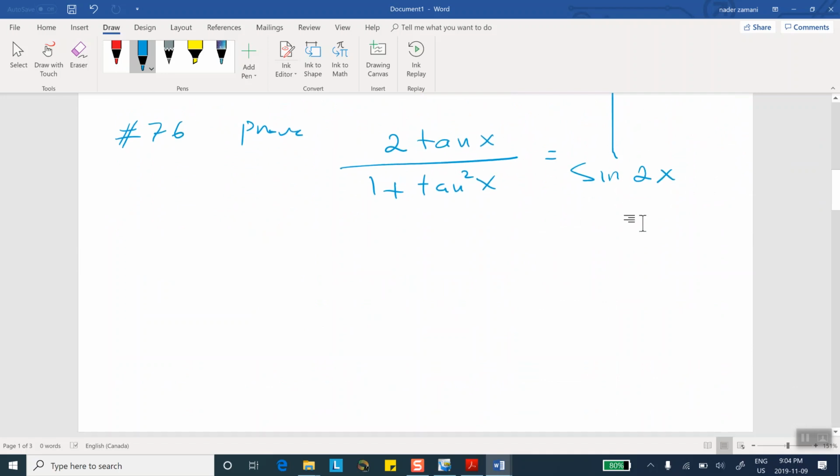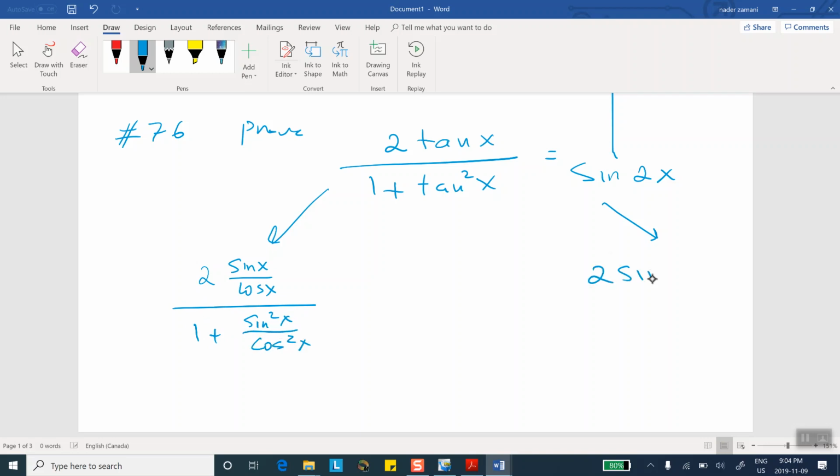Okay, that's what it says. So maybe the best way of doing these problems is to work simultaneously on both sides. So this is going to be 2 sine x over cosine x divided by 1 plus sine squared x over cos squared x. And this is 2 sine x cos x, right?